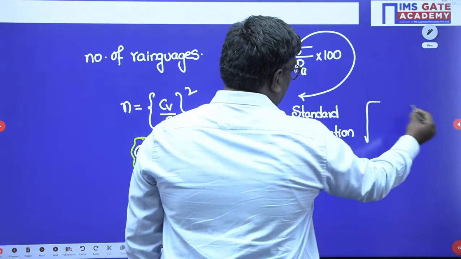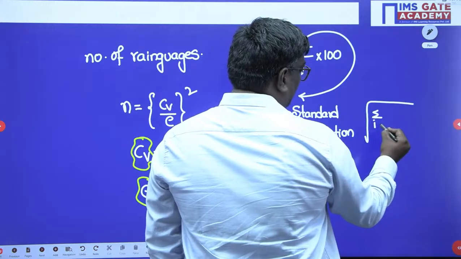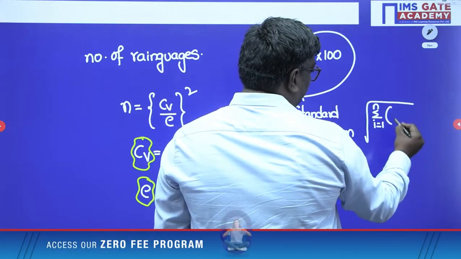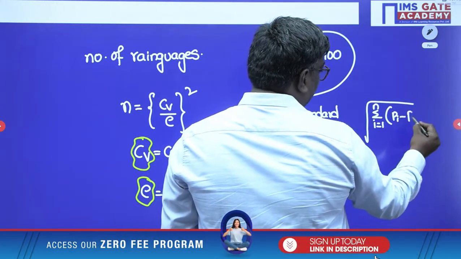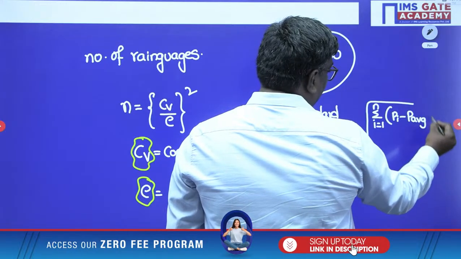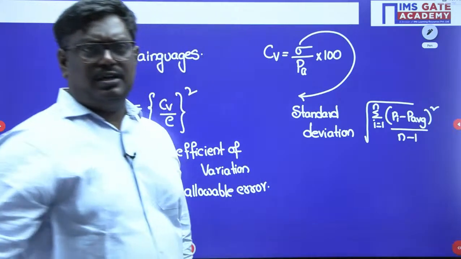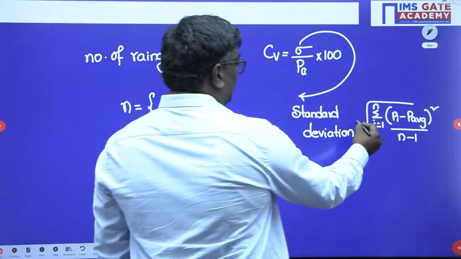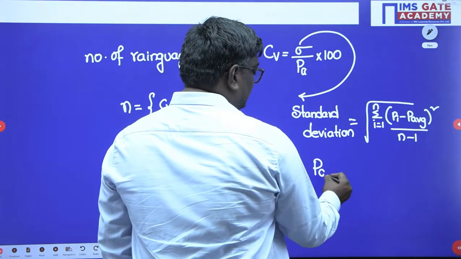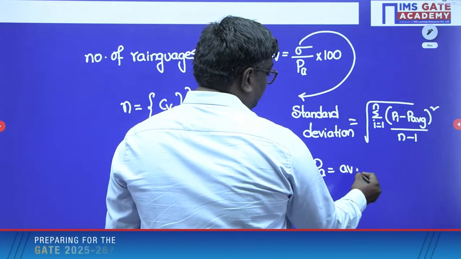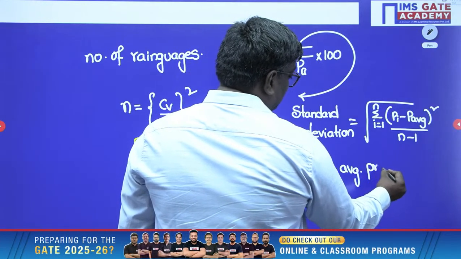It is equal to the square root of the summation, i equal to 1 to n, of P individual minus P average whole square, upon n, and if it is less than 30, n minus 1. This is how you find out the standard deviation. P average is the average precipitation.